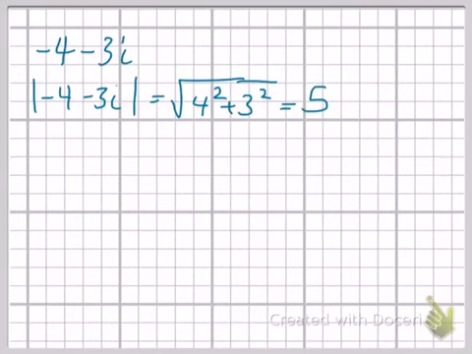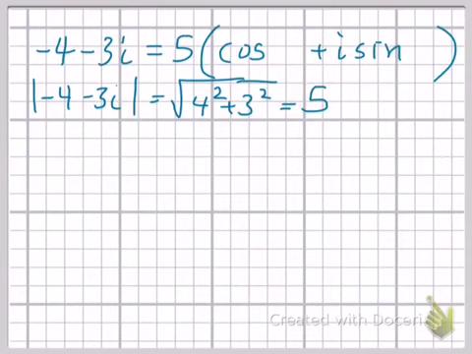We're grown up, so we can do that. So that's my r value. So I know automatically now that this complex number is equal to 5 times the cosine of something plus i times the sine of something. And I've got to find that something.